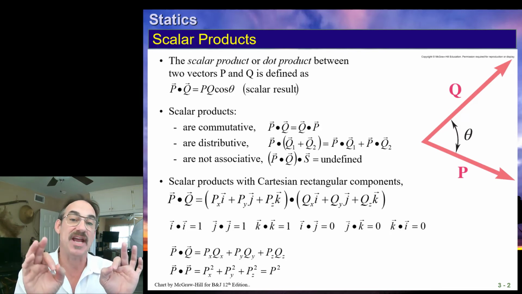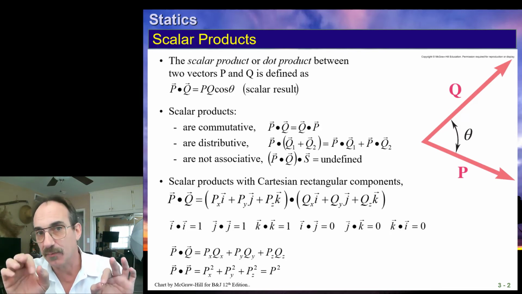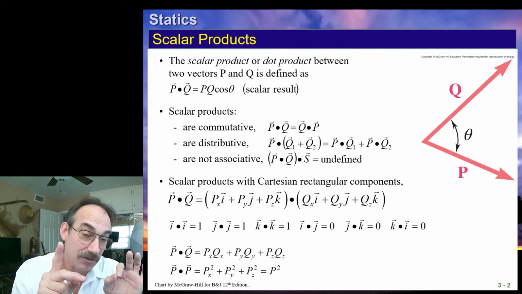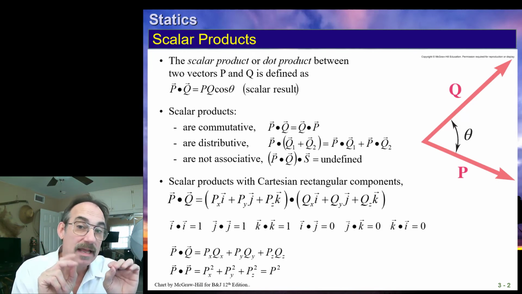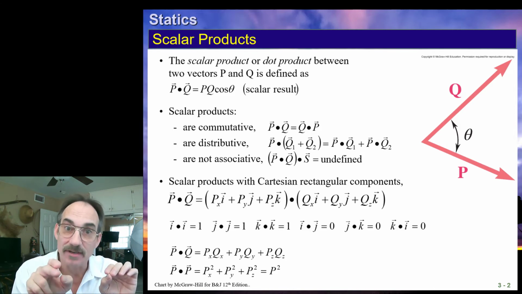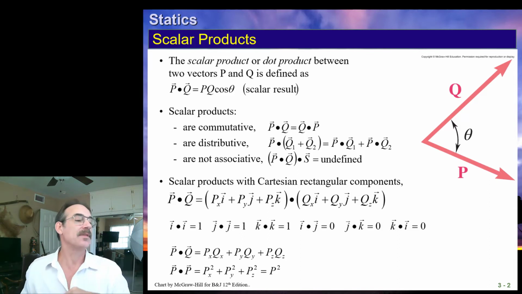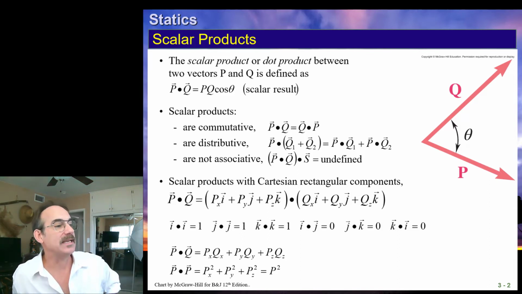In the same way, J dot K, K dot I. So if we take the dot product of any orthogonal or perpendicular vectors, we're going to get 0. If they have the exact same orientation, if they're parallel to each other, we're going to get 1. That's how it works.